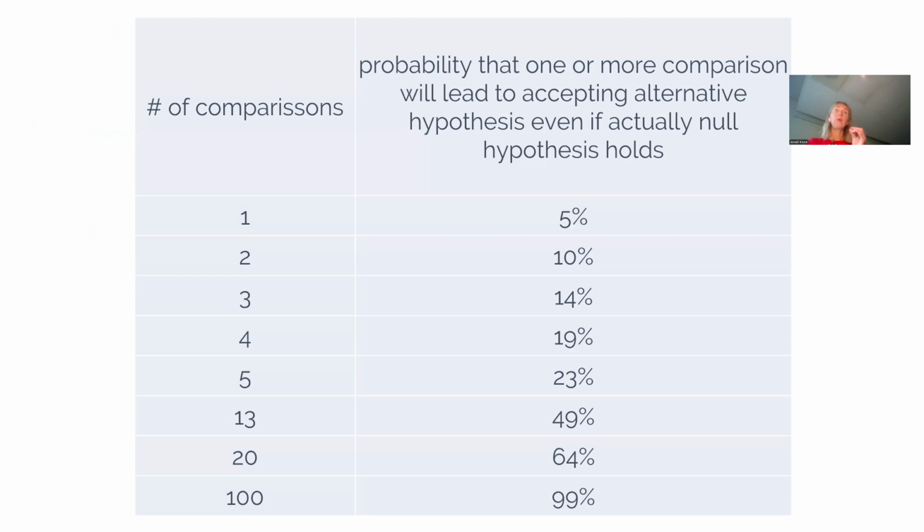When we do this mathematics for several comparisons, the number of comparisons is on the left-hand side, and the probability of rejecting the null hypothesis for one or multiple of the comparisons, when they are actually holding the null hypothesis, is in the right-hand column. We see that for one, if we allow alpha 0.05, it is 5%, but if we do two, it's already 10%. And if we happen to do 5, it is about 1/4, so in 1/4 of the cases we are rejecting at least one null hypothesis which actually holds.